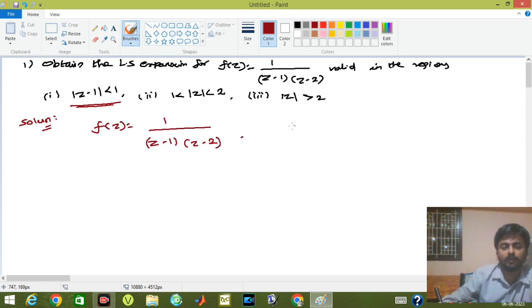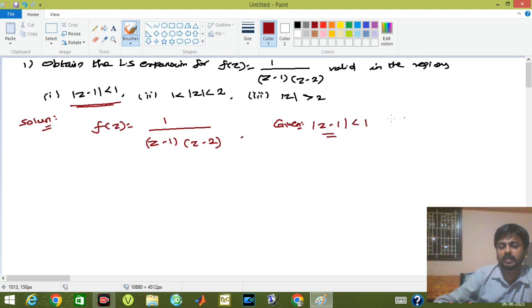They have given the region as modulus of z minus 1 less than 1. This is given. I am going to do this problem in two cases. Before that I shall draw the circle for this.